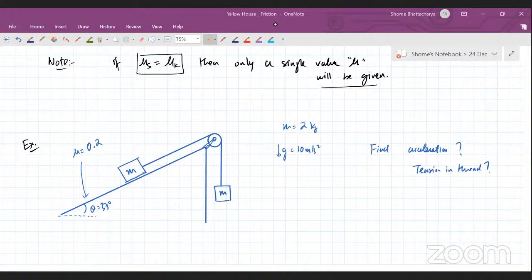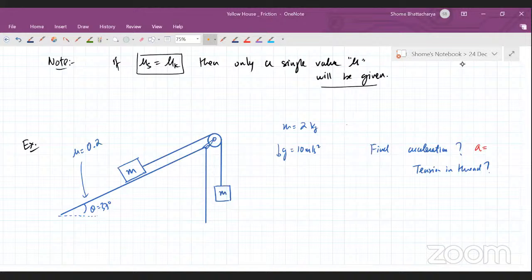Yeah, anybody got the answer yet for the acceleration? Okay, all of you are getting different answers.